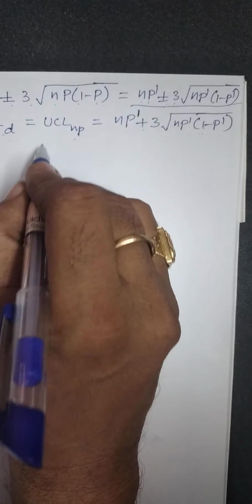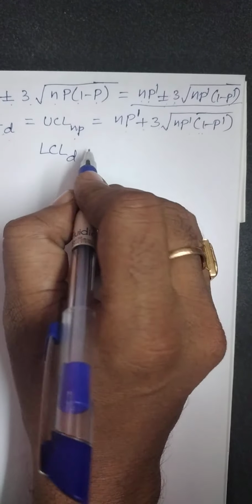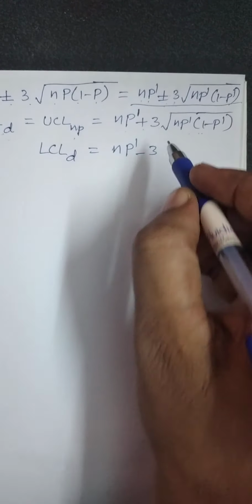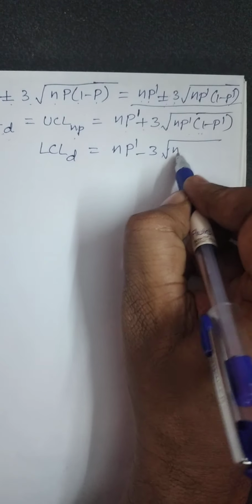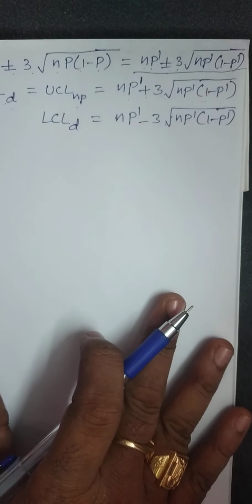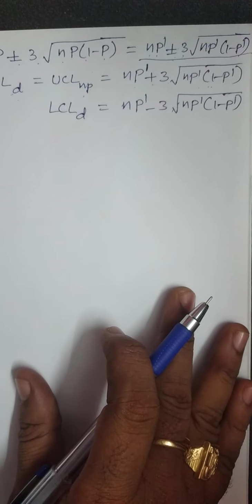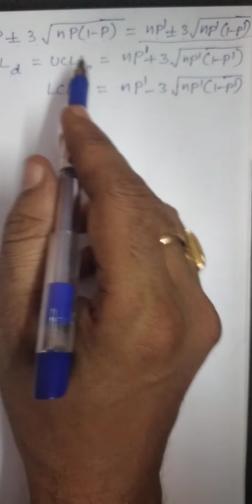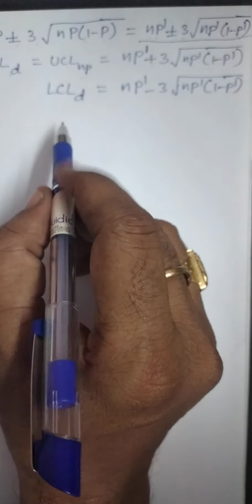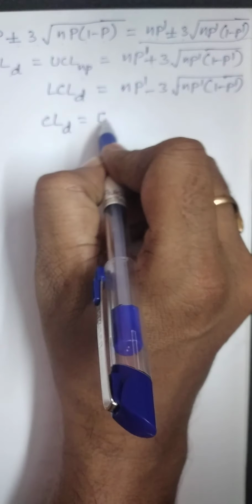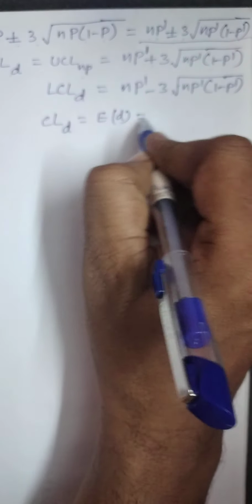Now LCL of D or NP is equivalent to NP dash minus 3 into square root of NP dash into 1 minus P dash. These are the 3 sigma control limits. Now we have to calculate central line, CL of D. What is CL of D? The formula is expectation of D. It is equal to NP, which means here NP dash.